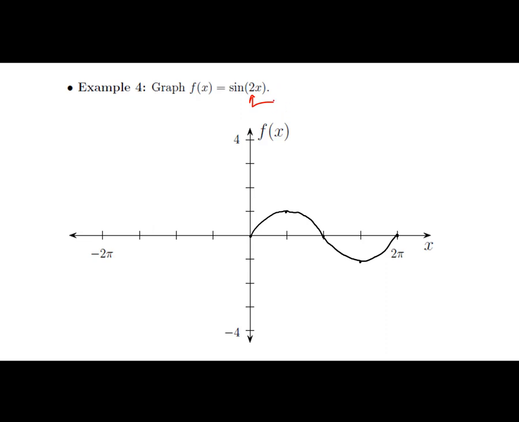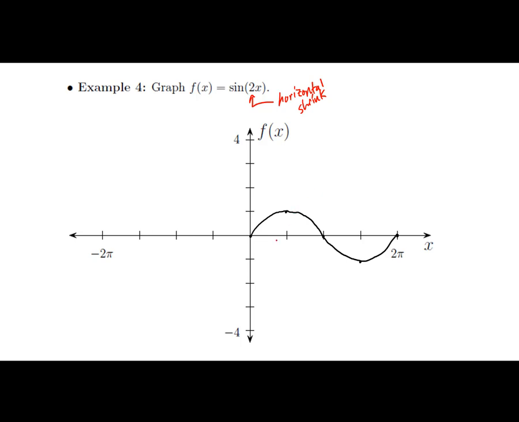Well, remember that is a horizontal shrink, right? It's a shrink because we think of things happening now twice as often as they would have, or twice as soon as they would have. So a horizontal shrink by a factor of 2.